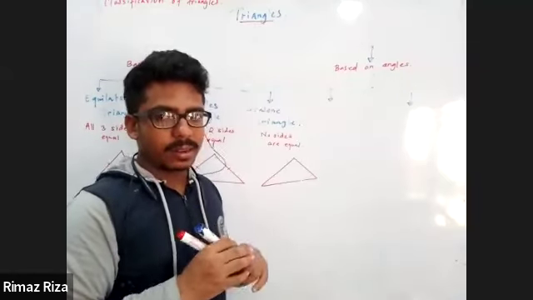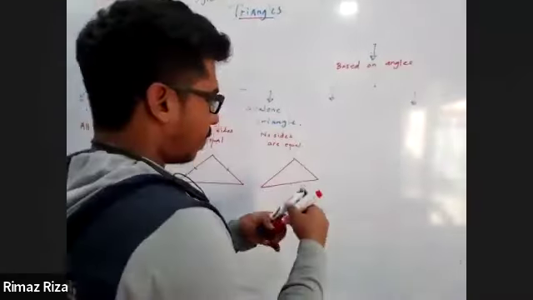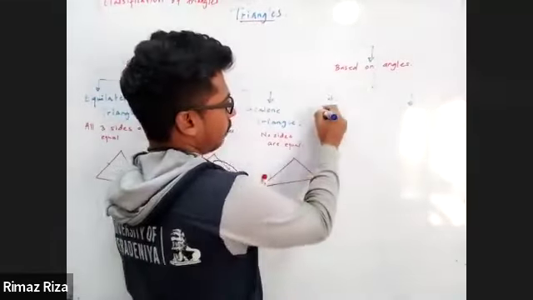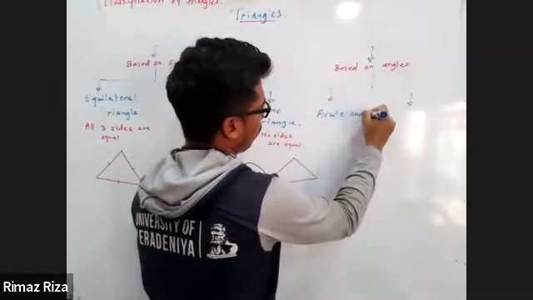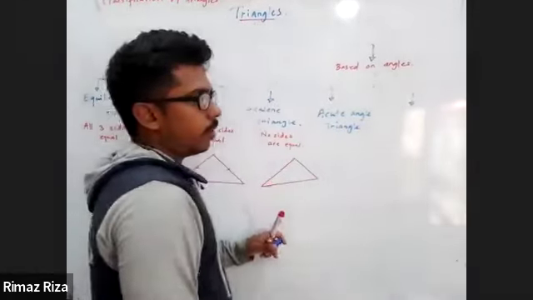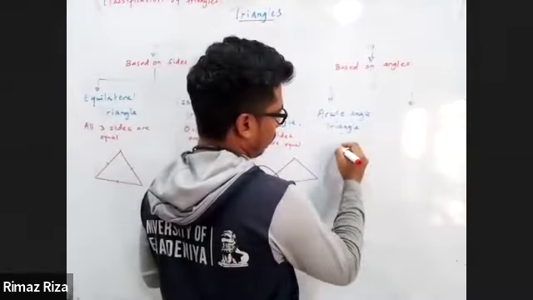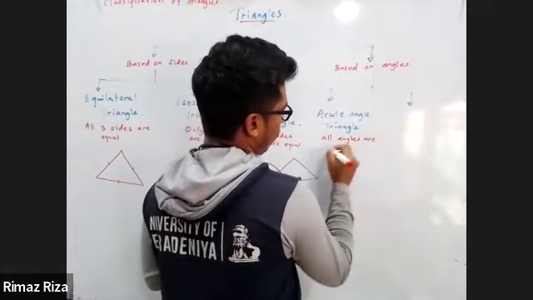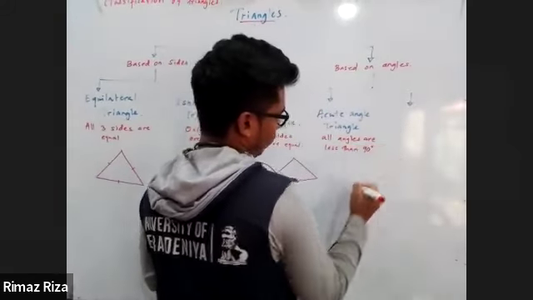If all the angles are less than 90 degrees, what do you call that? Good. So we call that acute angle triangle. For an acute angle triangle, all the angles are less than 90 degrees.